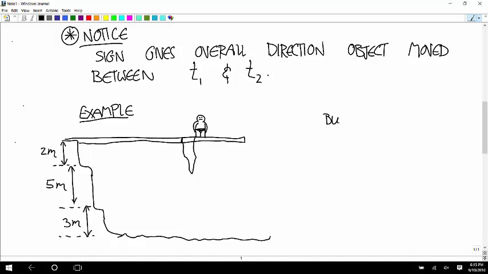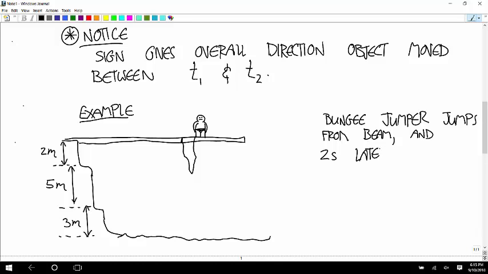And the bungee jumper jumps from the beam, and 2 seconds later exactly touches the water. So he's not injured.